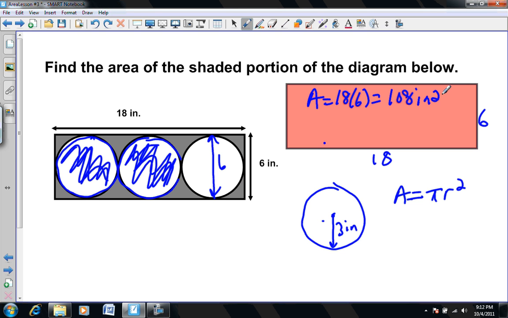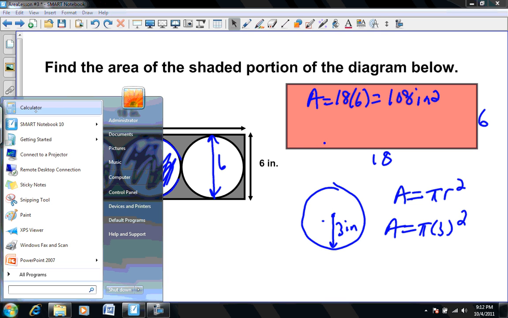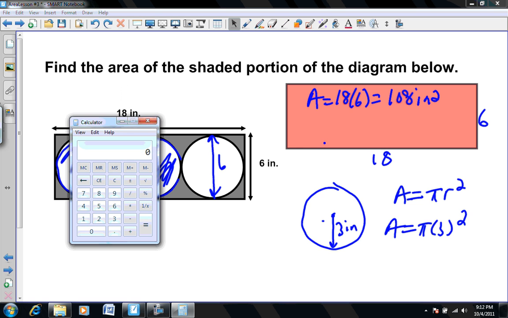That's the area of my rectangle. What's the area of my circle? The area of my circle is pi times 3 squared. I think I need my calculator to figure out what that is. So I'll bring up the calculator. I'll do 3.14 times 3 times 3. That's 3 squared. What do I get?